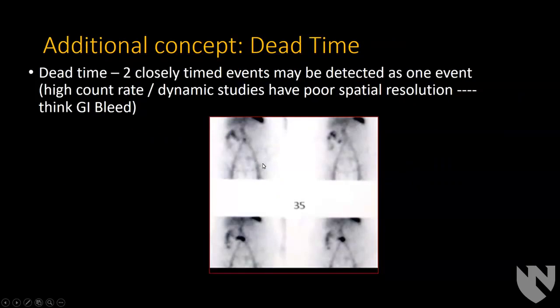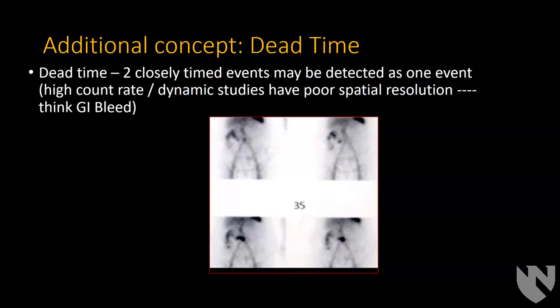Okay, so another concept here, dead time. Dead time is when two closely related events, so basically when a photon hits the scintillation crystal, it takes a little while for it to recover to be able to detect another event, and so that's called dead time.